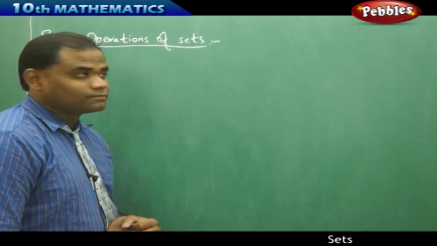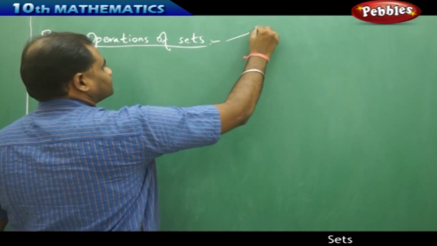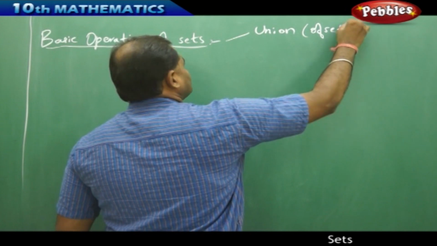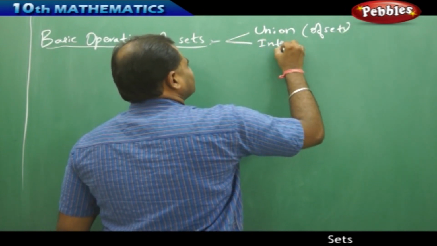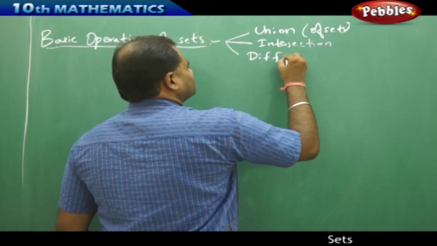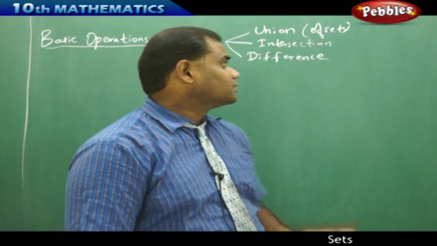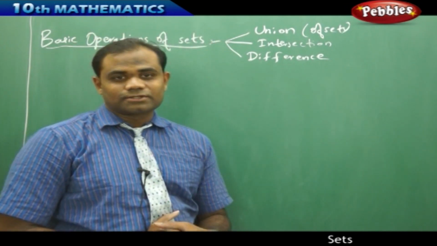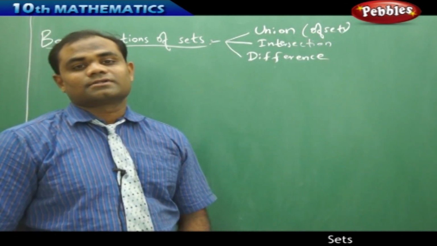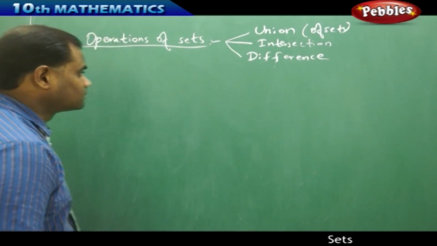The 3 basic operations which we're going to discuss in case of our syllabus are union, and the next is intersection, and the third is the difference. The fourth is the complement, which is indirectly related to the difference. So the basic operations of sets are identified to be the union of sets, the intersection of sets, and the difference of sets. To start with, union of sets.